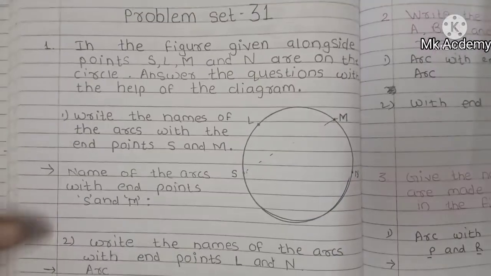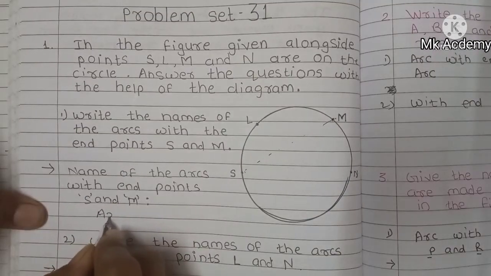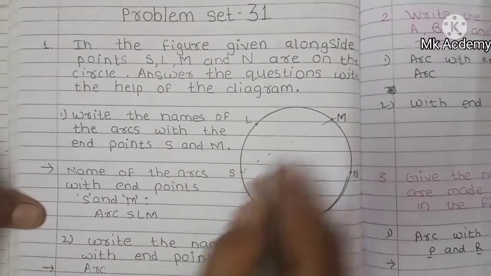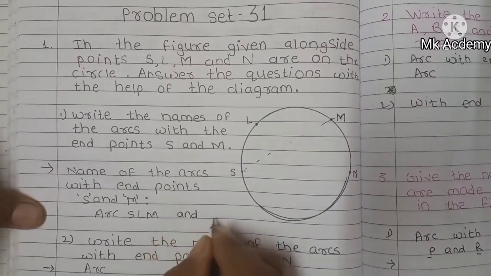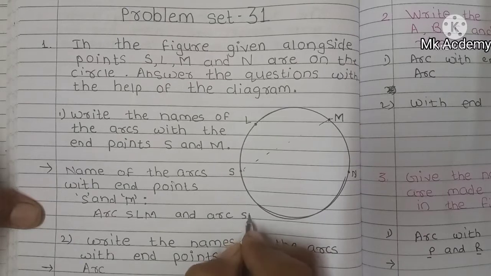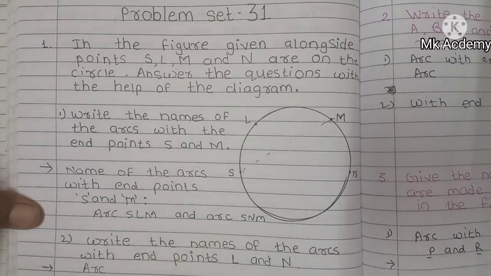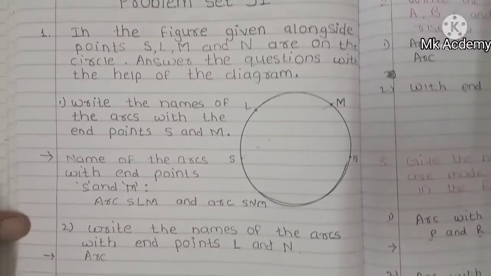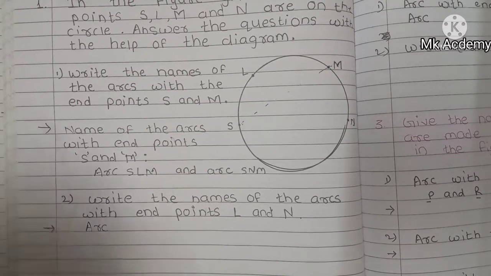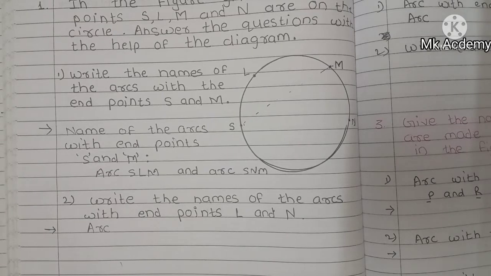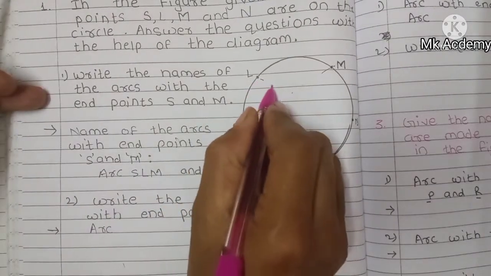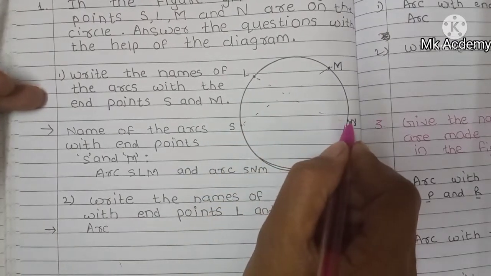Then the names of the arcs are arc SLM, this is one arc, and second, arc SNM. Understood? Now second question. Write the names of the arcs with end points L and N. These are the two end points.